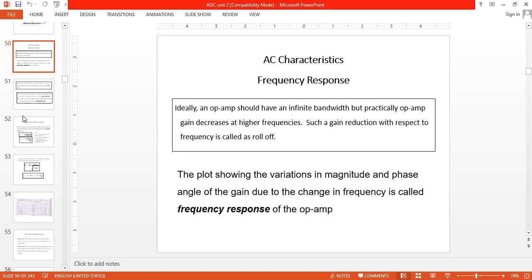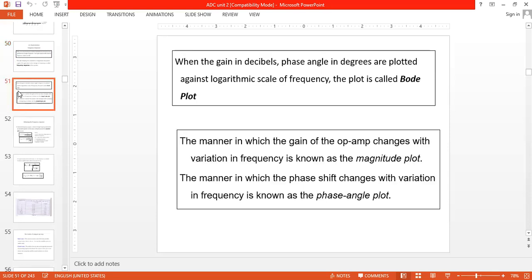The variation of the magnitude and phase angle of the gain due to the change in frequency is called the frequency response of the op-amp. The manner in which the gain of the op-amp changes with the variation in frequency is known as the magnitude plot. The manner in which the phase shift changes with the variation in frequency is known as the phase angle plot.